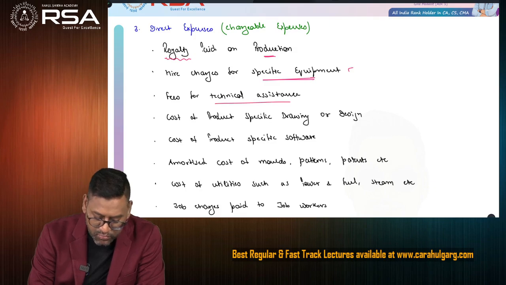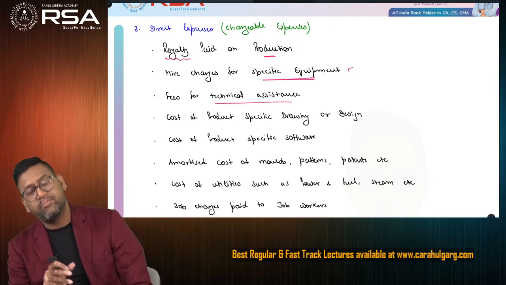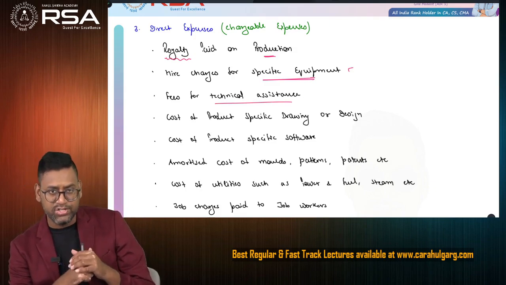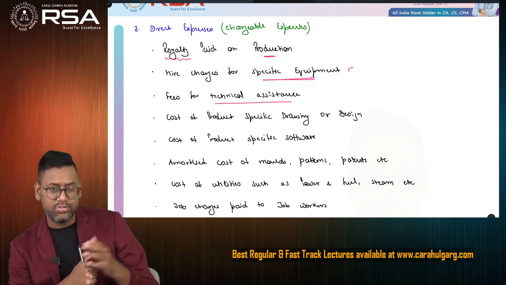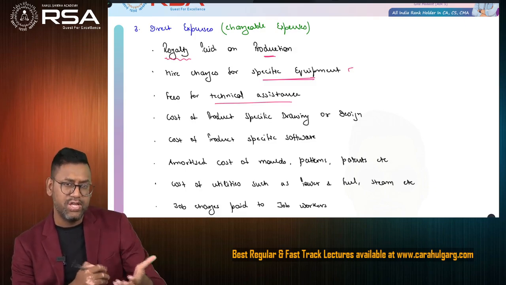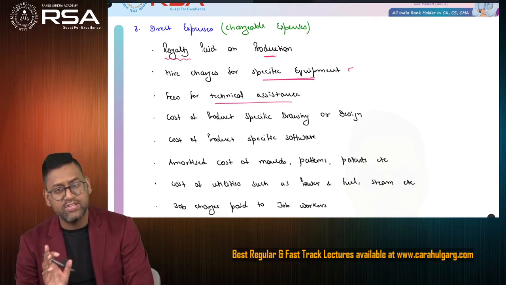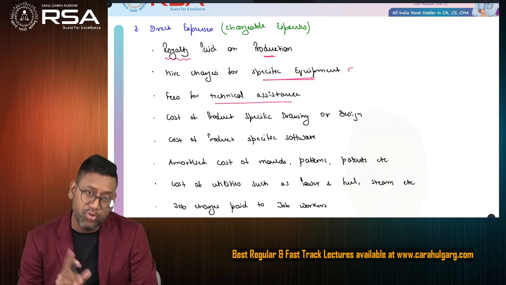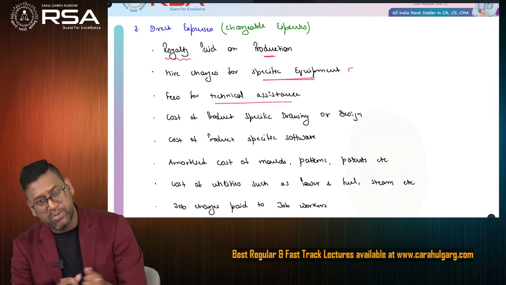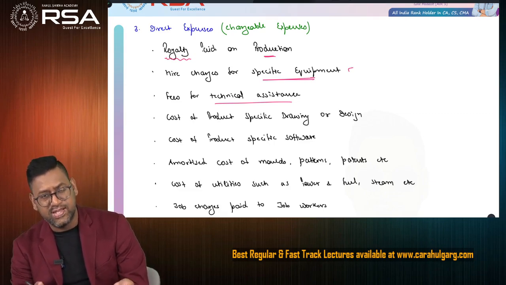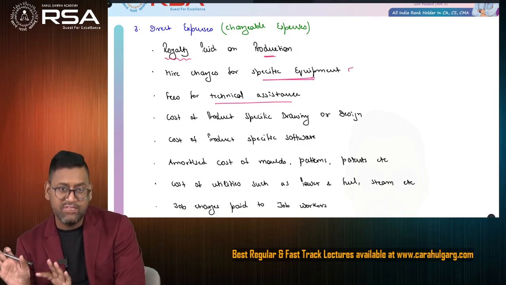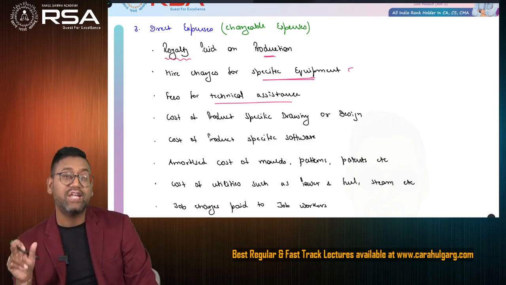Then it says fees for technical assistance. For example, I am dealing in various kinds of furniture. A customer comes to me, he asks me, boss, I want to get a sofa manufactured. I said, okay, boss, give me the design, I will manufacture the sofa. He says, no, I do not want that. First of all, you come to my place, you measure how much space is there in inches, etc. So I said, for this, I will charge a separate amount because I'm giving you the technical services.